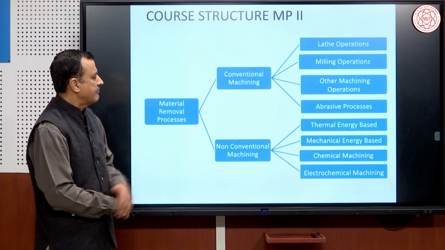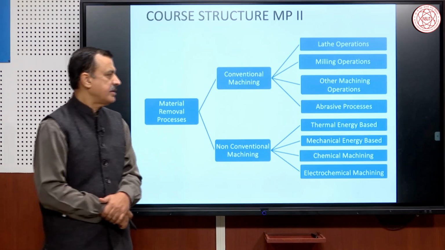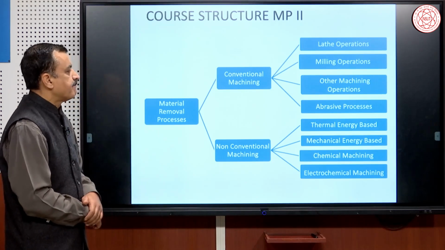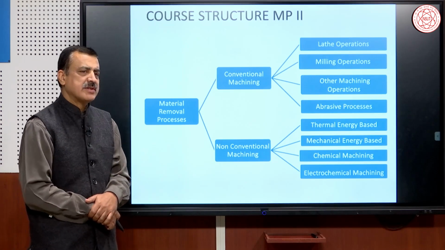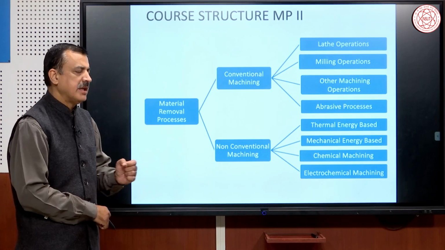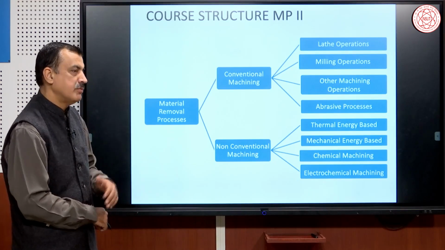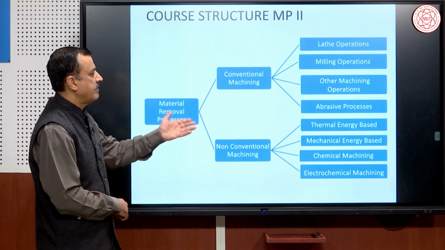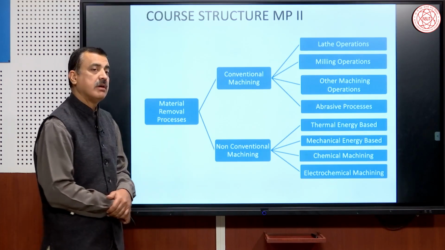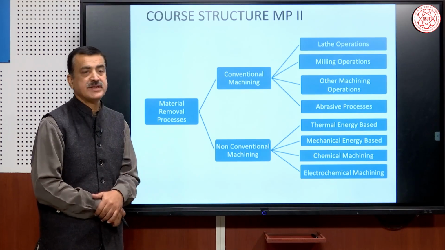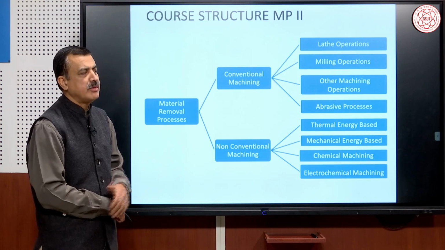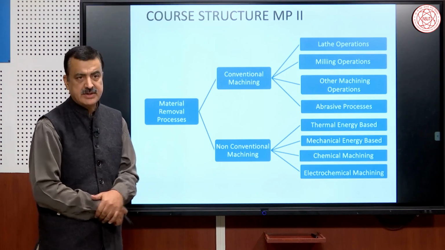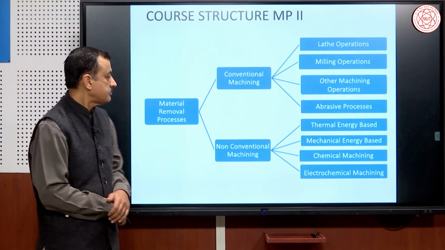Now, as far as non-conventional machining operations are concerned, we have thermal energy based processes where thermal energy, that is heat, is used to remove the material. Example is electric discharge machining. Then we have mechanical energy based processes where mechanical energy is directly used to remove the material. The example is abrasive jet machining.